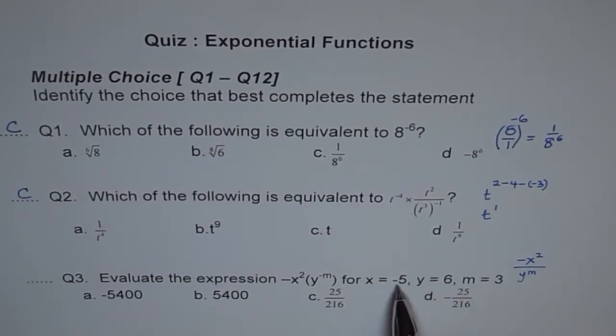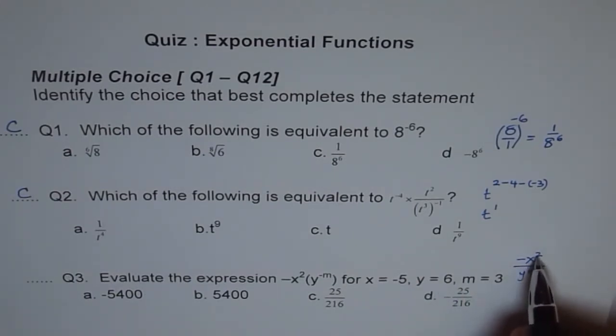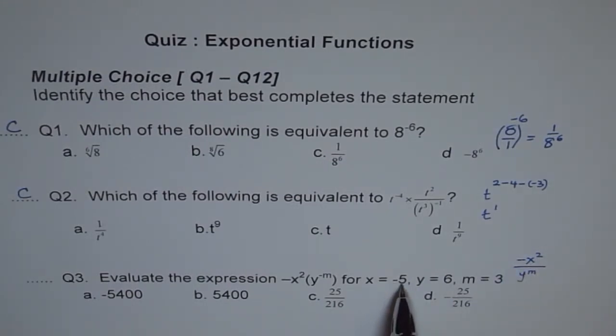Now minus 5 is the value of x. So if I do minus 5 squared, it becomes plus 25, right? This minus is not squared, mind it, only x squared. So minus 5 squared is 25, so I get minus 25 on the numerator. Y is 6 and m is 3, so I get 6 to the power of 3 here, correct?